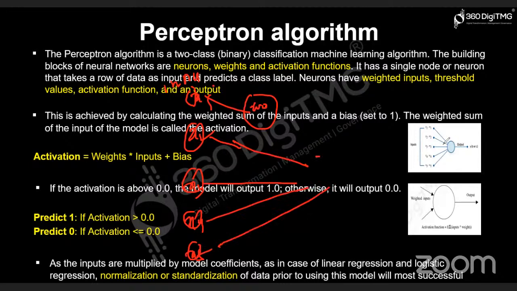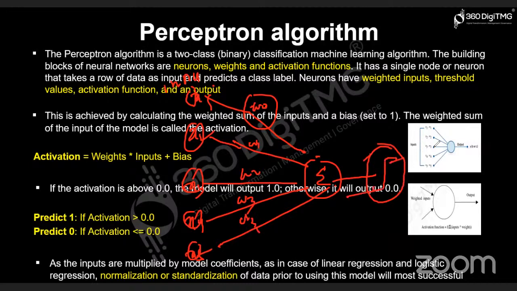We'll be having weight 1, weight 2, weight 3, weight 4, and then a summation. Here we'll be having an activation function, it could be any activation function, and then we will be having the output. This is normally how a perceptron looks like.